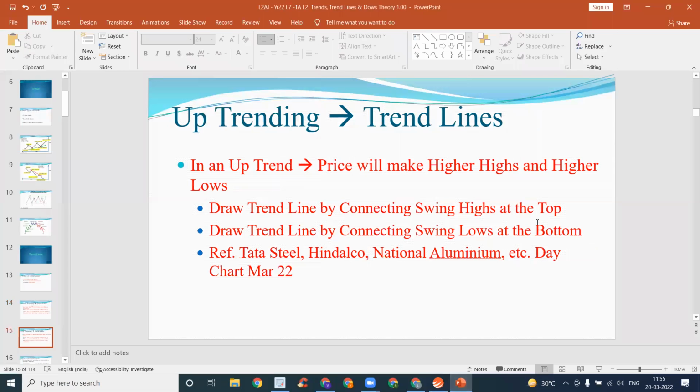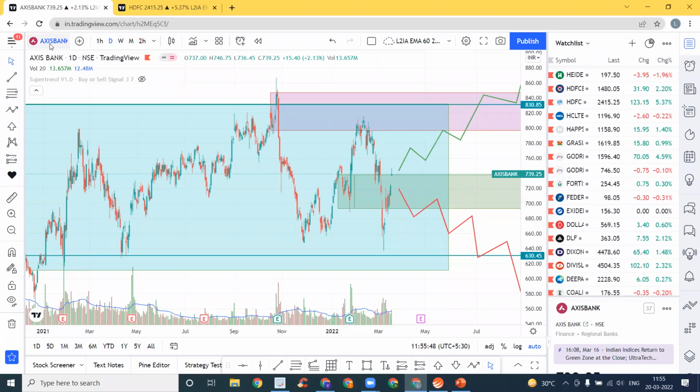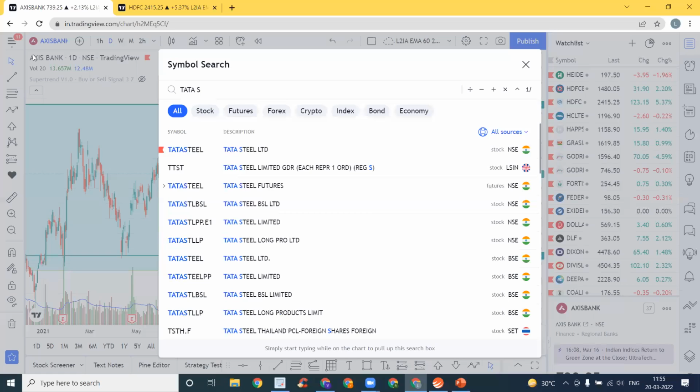In uptrending markets, we take a high and connect to the higher low. Look at the swing highs. So let's see the Tata Steel stock. Here is Tata Steel.